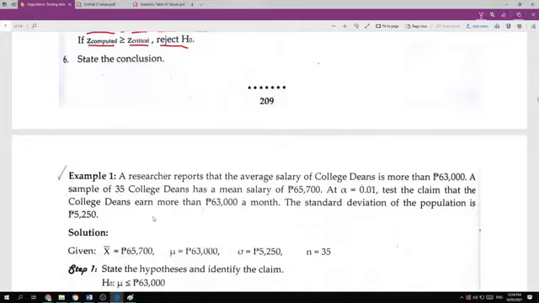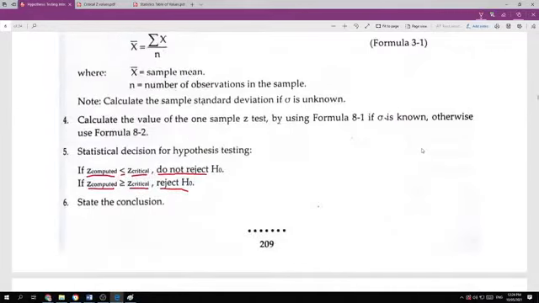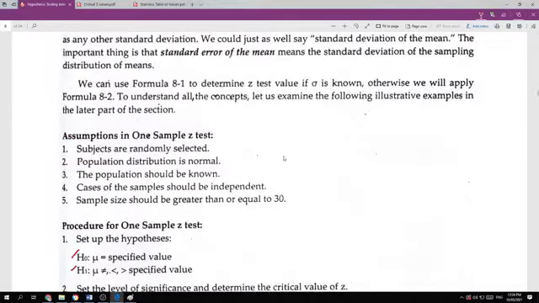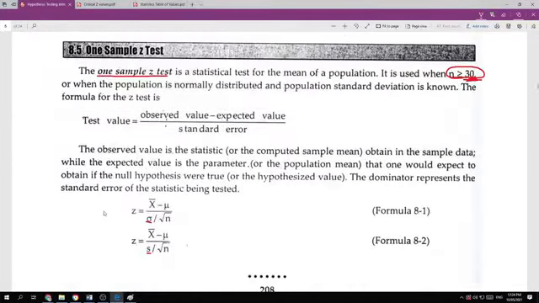At alpha equal to 0.01, test the claim that the college deans earn more than 63,000 a month. The standard deviation of the population is 5,250. So take note, this will be our formula, these two.